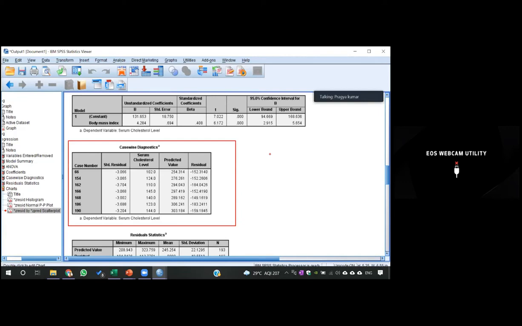Ashish is also writing that ma'am was not able to hear. Okay, I'll repeat the concept. Just guide me from where I should repeat. Should I repeat the commands or should I repeat before the theory part also? Ashish and Poonam, or any specific thing which you want me to repeat?